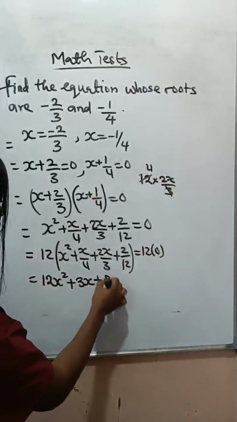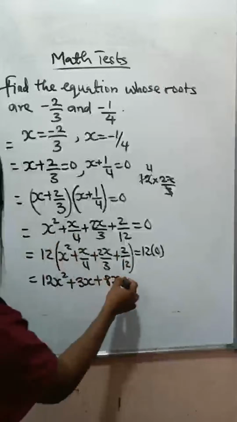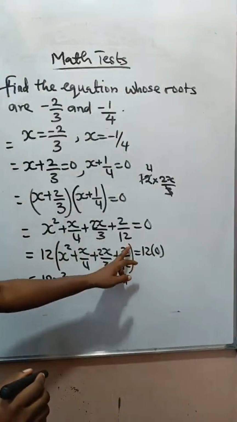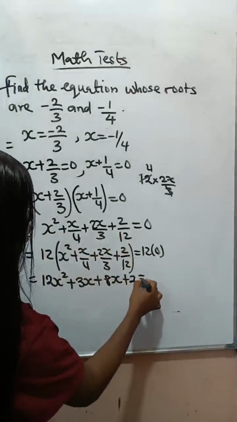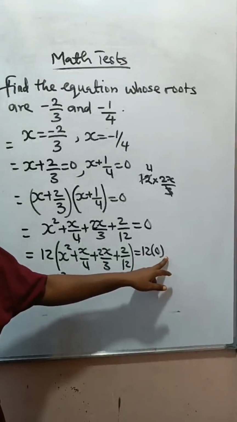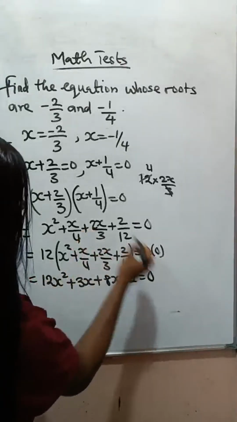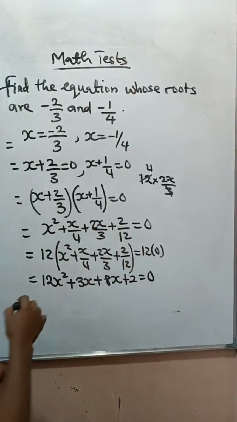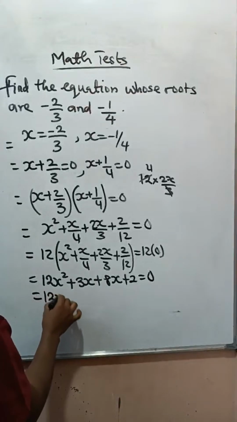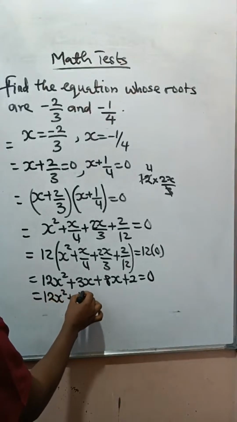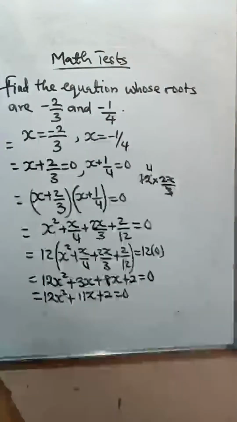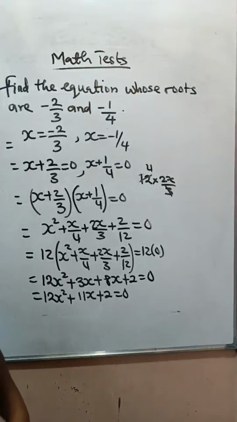Now 2 over 12 times 12, we cancel 12, we are left with just 2. And 12 multiplied by 0 is 0. So now we have 12x squared plus 11x plus 2 equals 0.